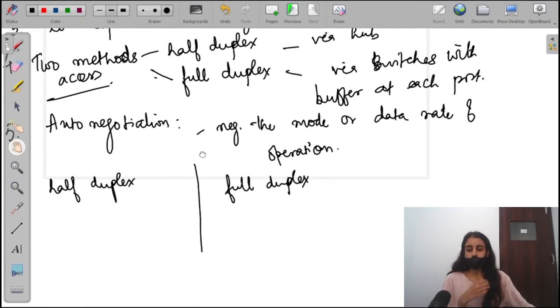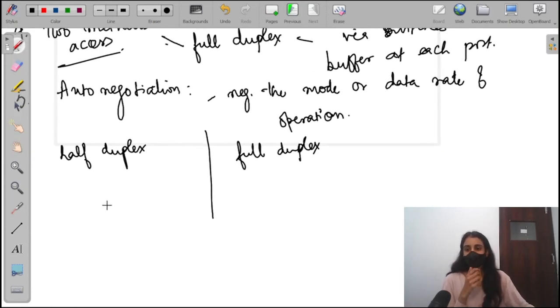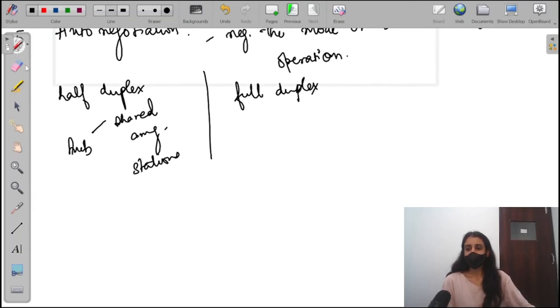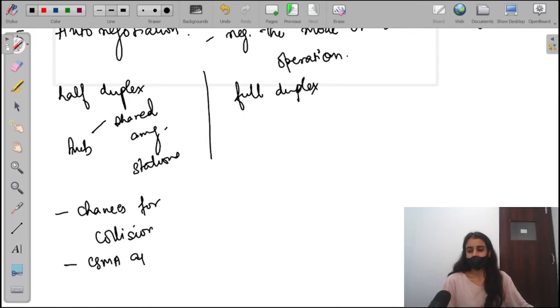In half duplex, there is a hub which is shared among stations. So in this, there are chances for collision, so it uses the CSMA approach.